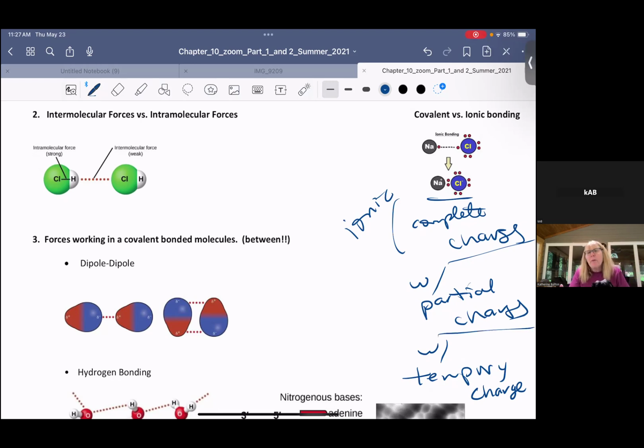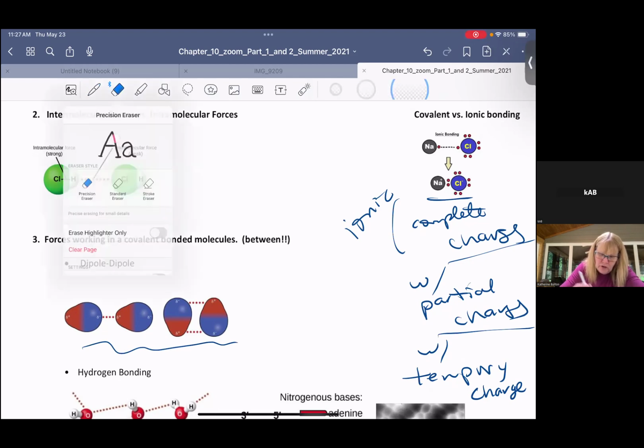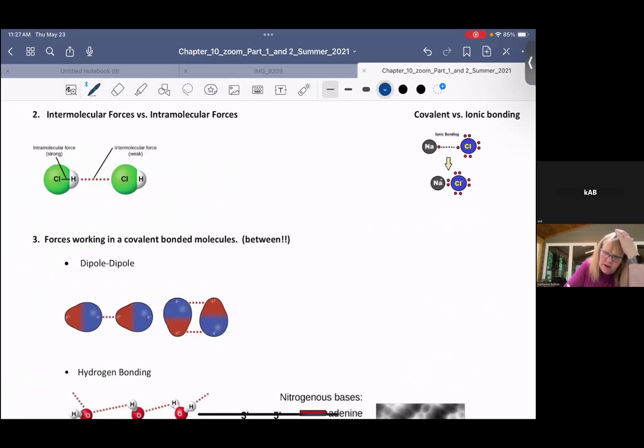If we have something with partial charges, what we're looking at is a molecule that is polar. When we say that something has a partial charge, we're thinking about an electric dipole. An electric dipole occurs when our molecule is polar.